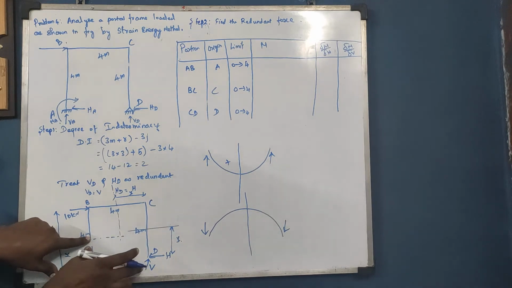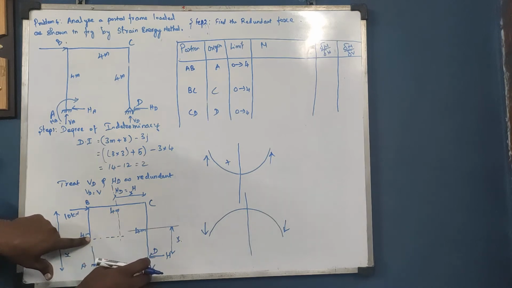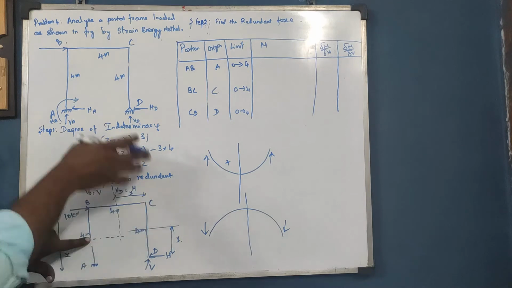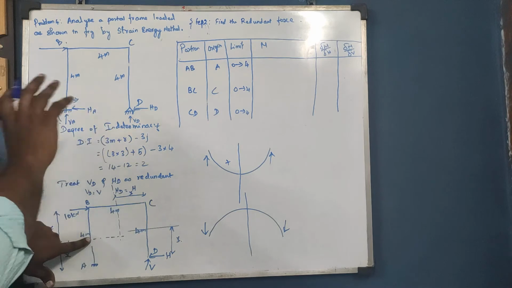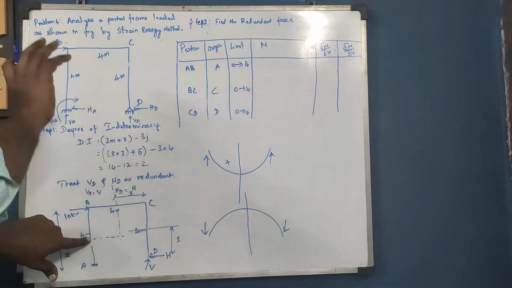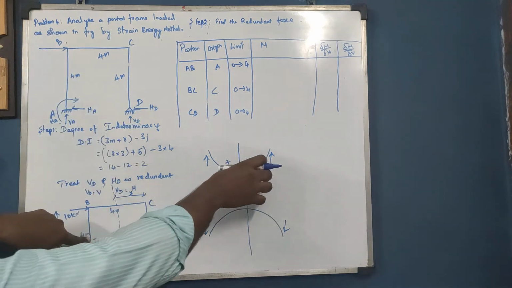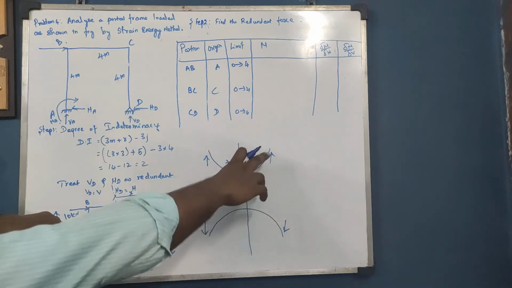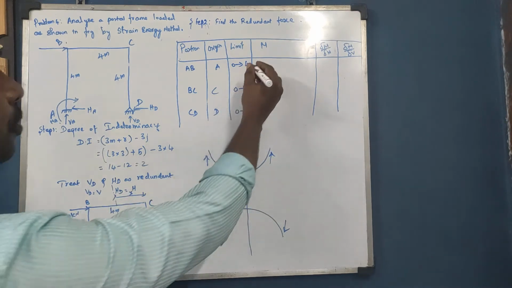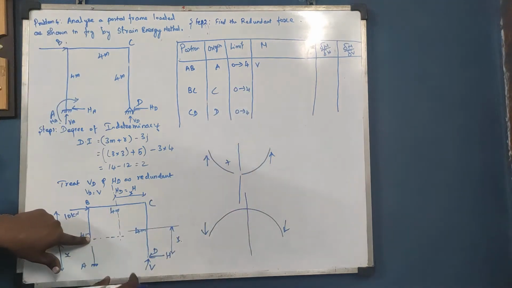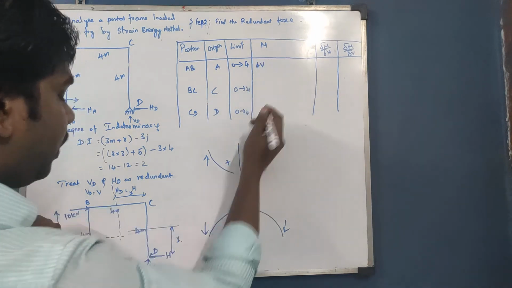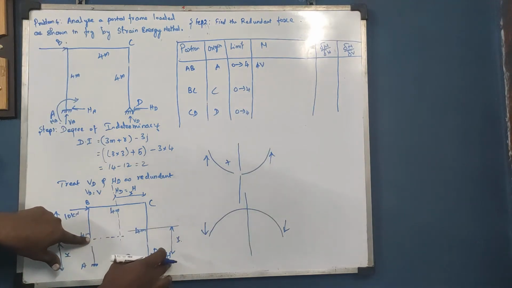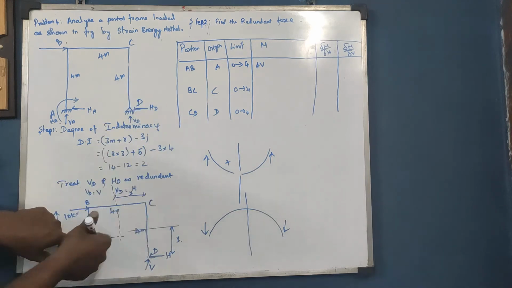So now, if you take moment about this point, there is a force V on the right side, anti-clockwise. It is sagging. So V into the distance, 4V, and there is an H, right side clockwise.